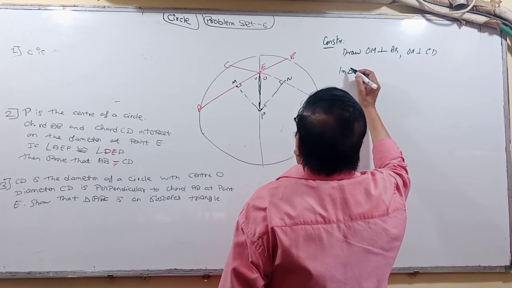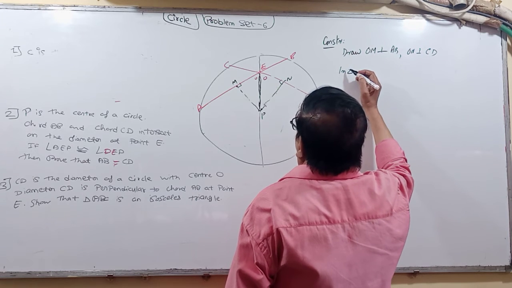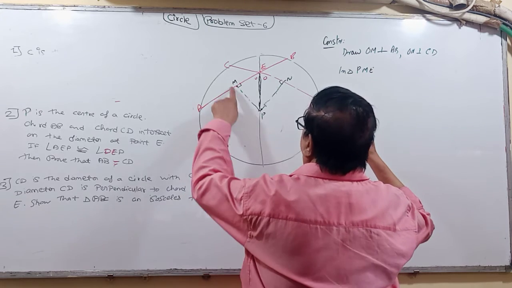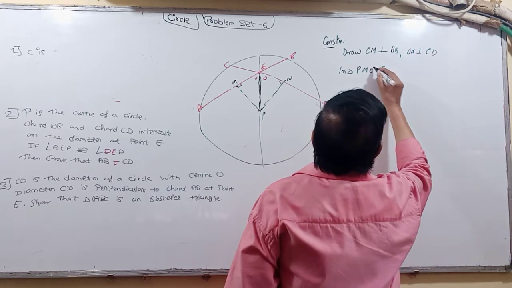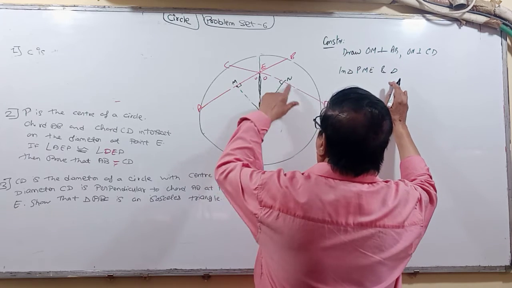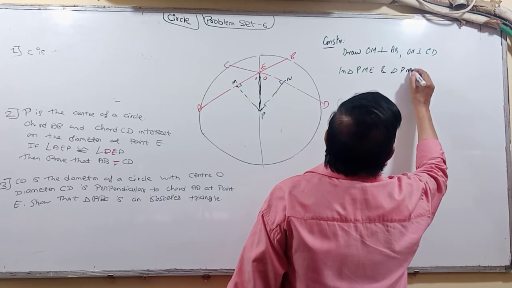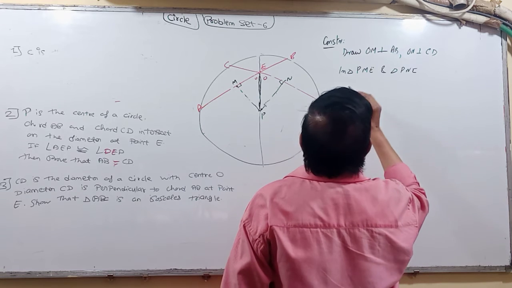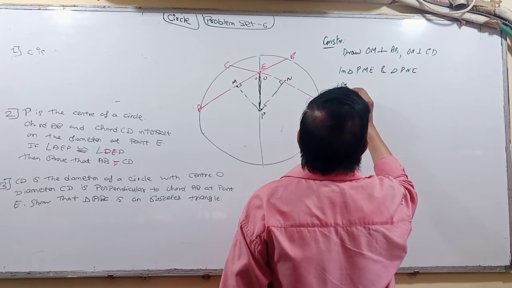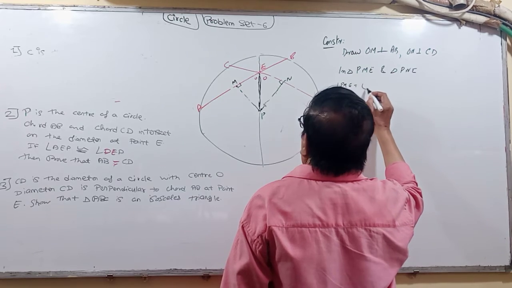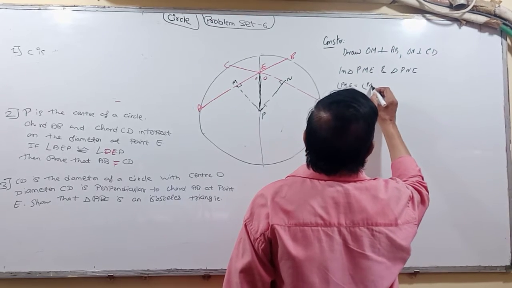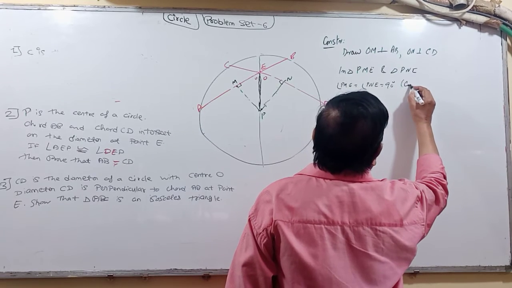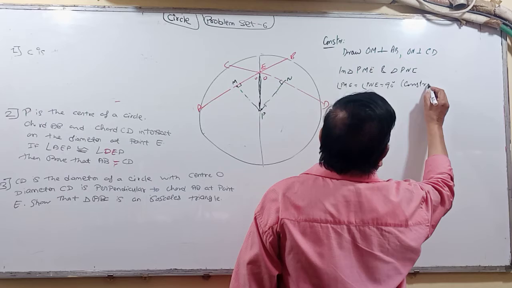In triangle PME and triangle PNE, angle PME equal to angle PNE equal to 90 degrees. Construction, that's the reason.